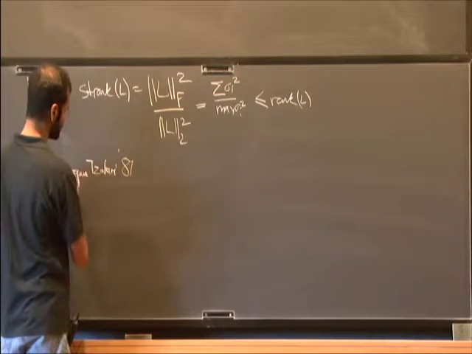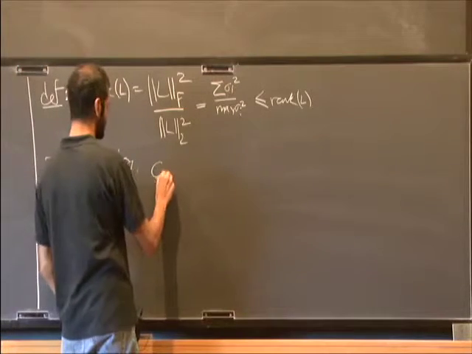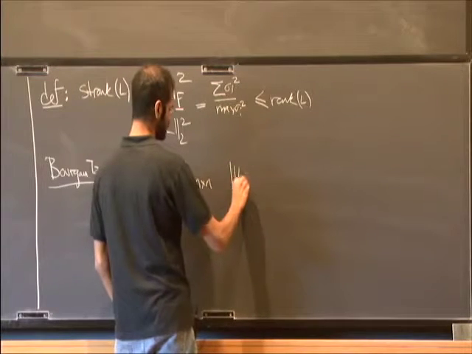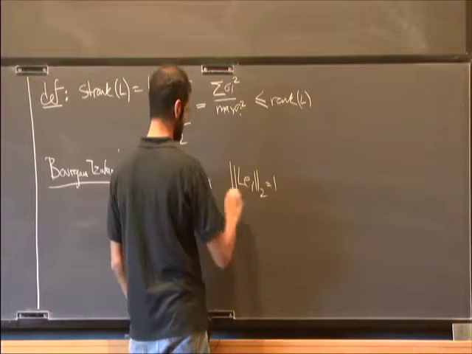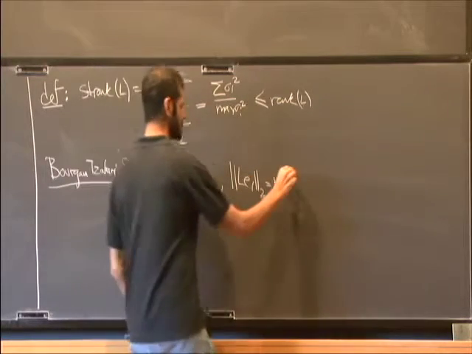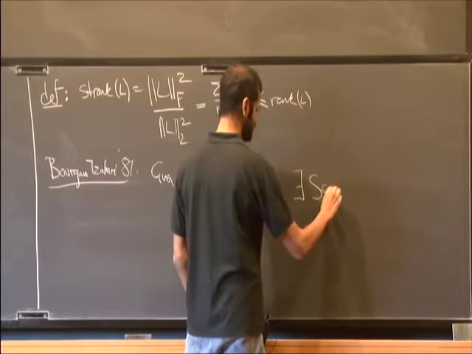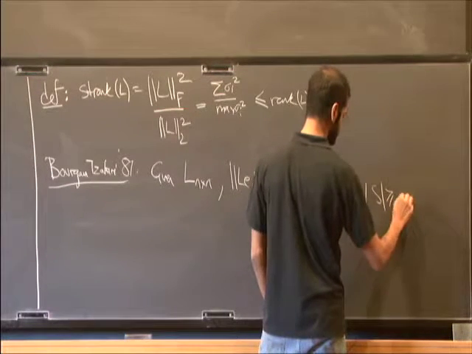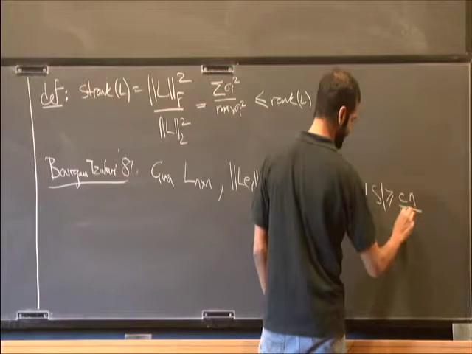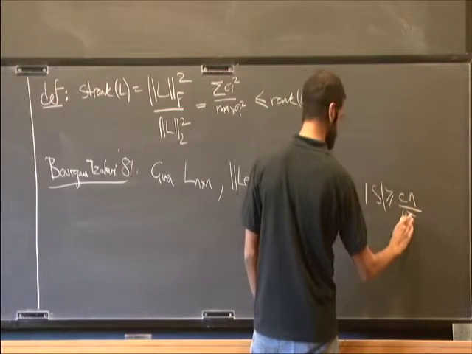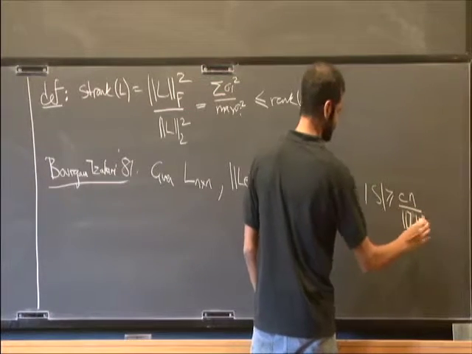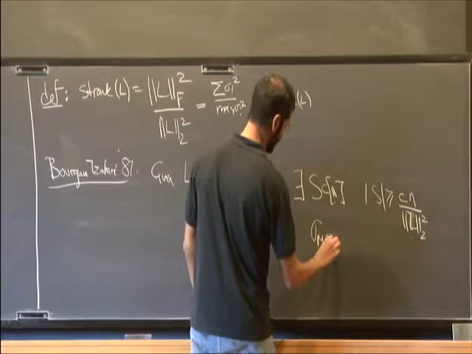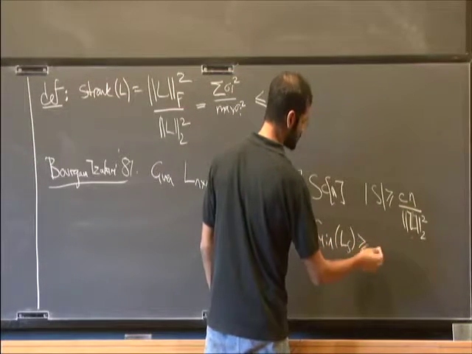in 1987. They proved that given some n by n matrix with unit length columns, there exists some subset of the columns of size at least some constant times n divided by the 2 norm of L squared, such that the least singular value of this thing is at most some other constant.